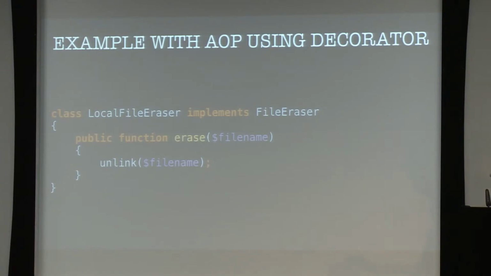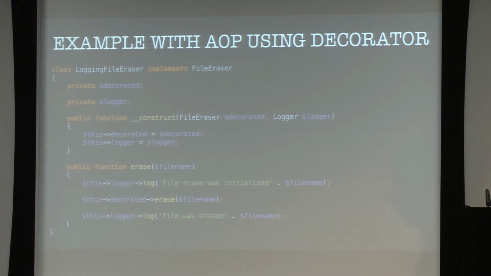So what we really want, the ultimate responsibility of our class, is to unlink the file here. And that's the purest form of our class. So what we can do with AOP is to implement it using a decorator, so basically decorate it. That's maybe an overstatement, but it is an implementation of AOP.